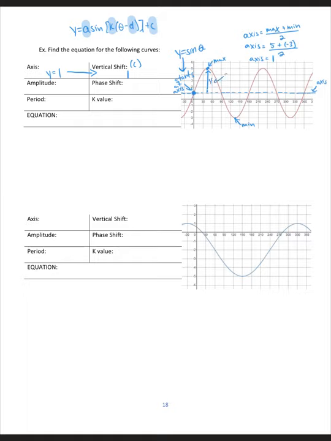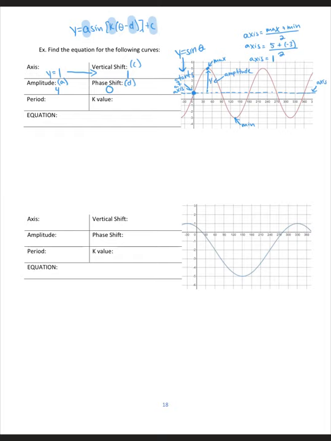So that's going to be our amplitude. Our amplitude is 4. And remember, our amplitude in terms of our equation is our a value. And then our phase shift is how much did we have to shift it left or right, which is represented by that d variable. Okay, since the graph started right at the axis, there was no phase shift.